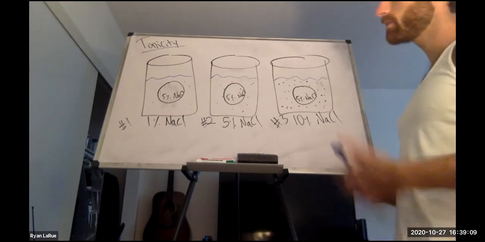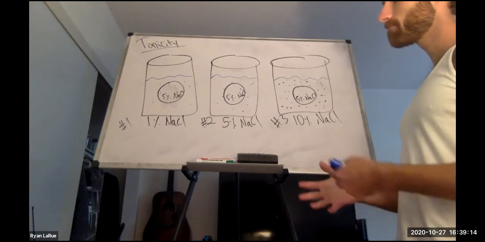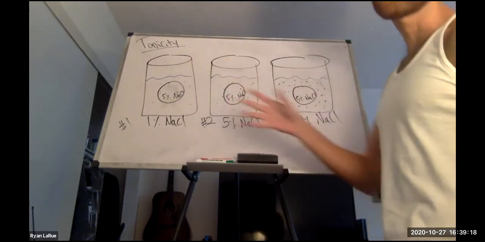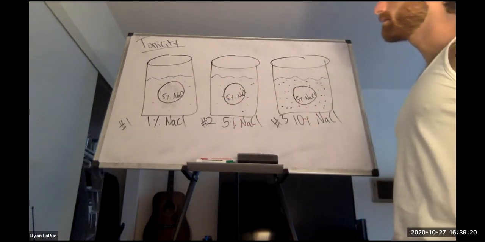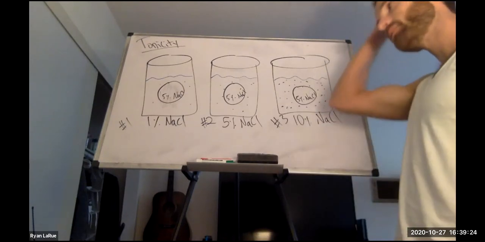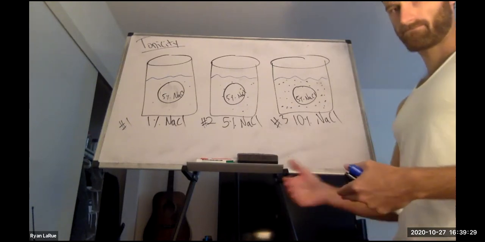So the concept with tonicity is that when there are two separate states, an internal environment and an external environment, there's going to be a net movement of water.